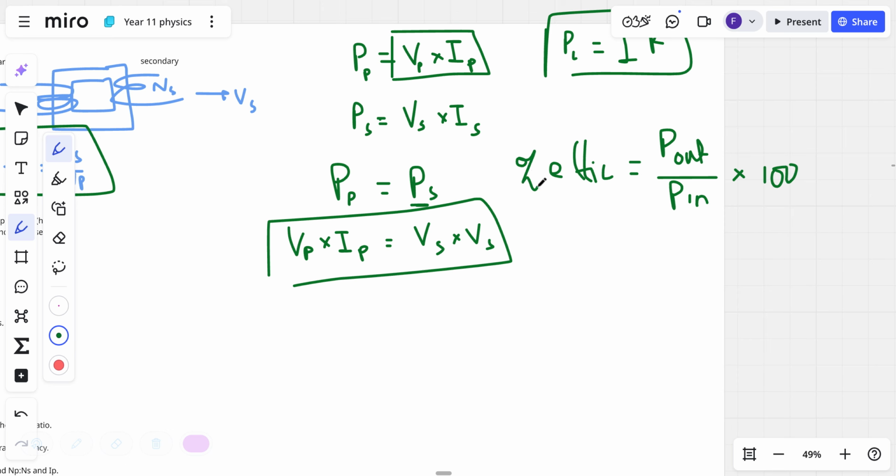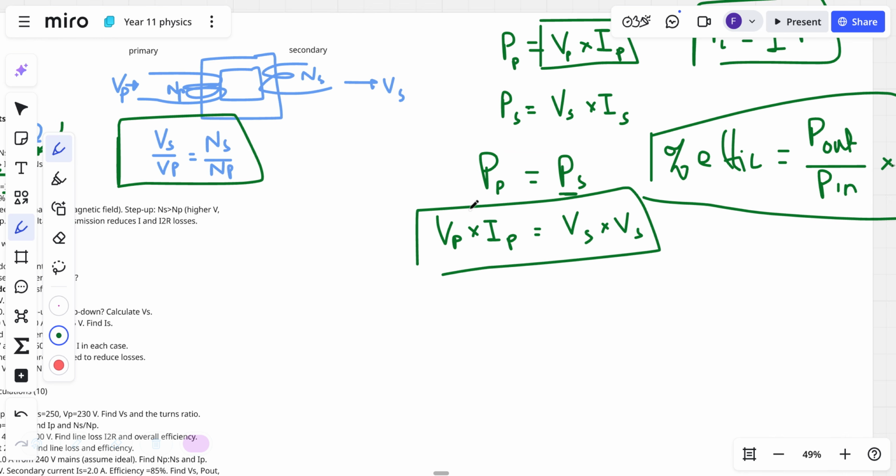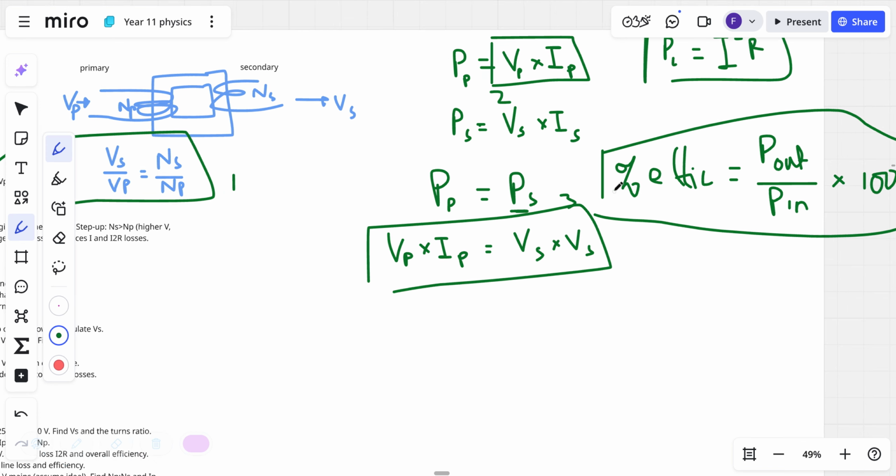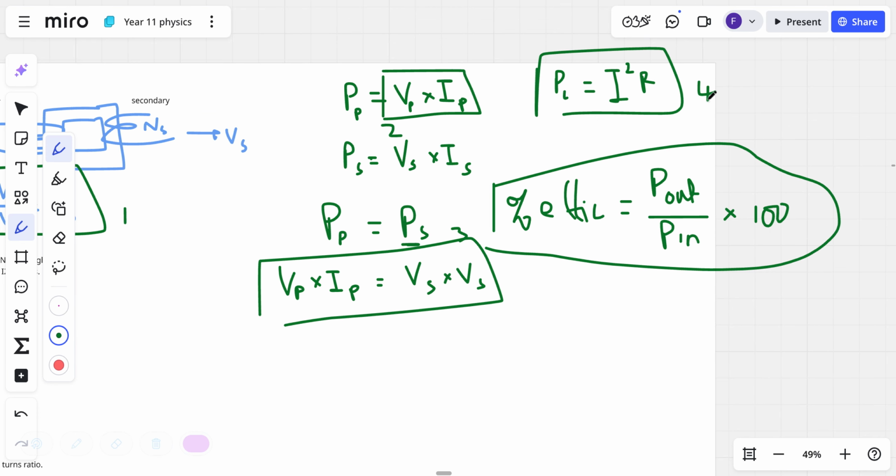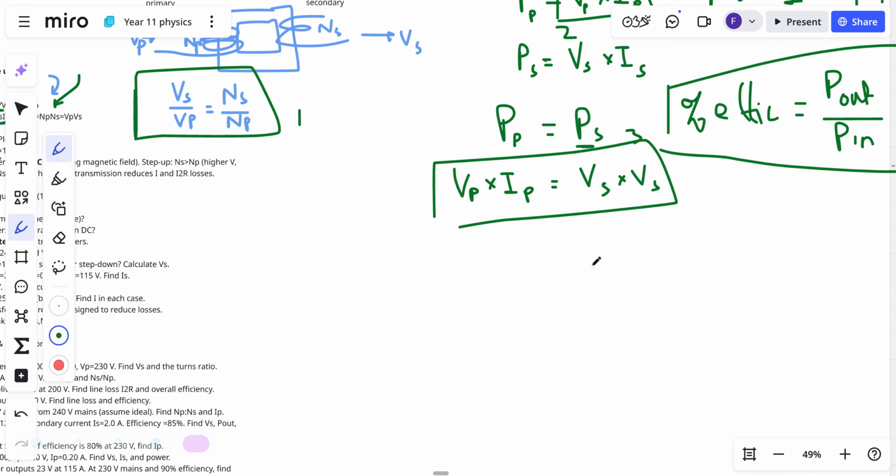Percentage efficiency. And that's your next one. So you've got five formulas.